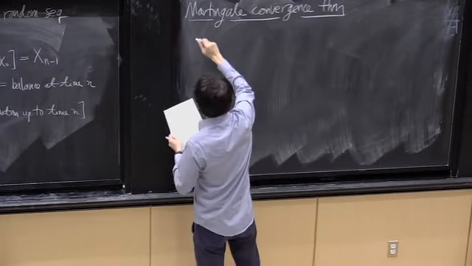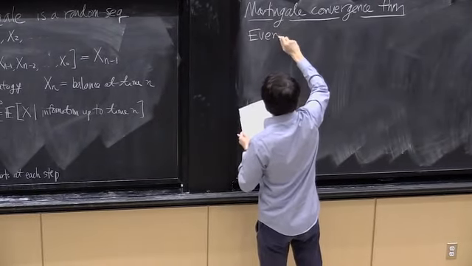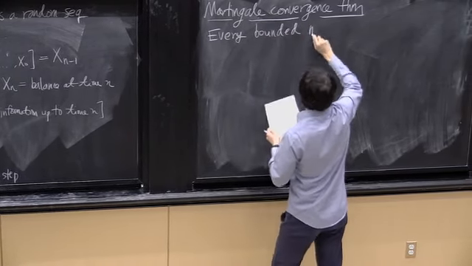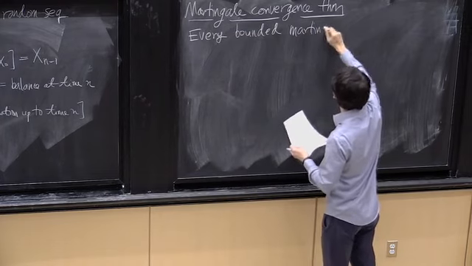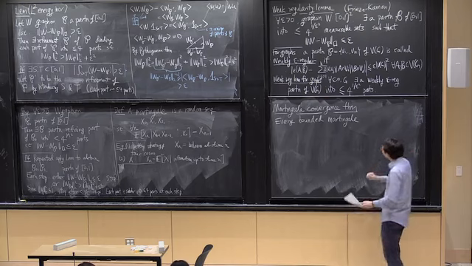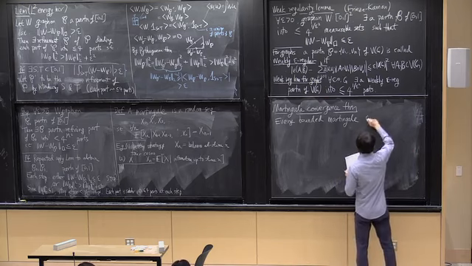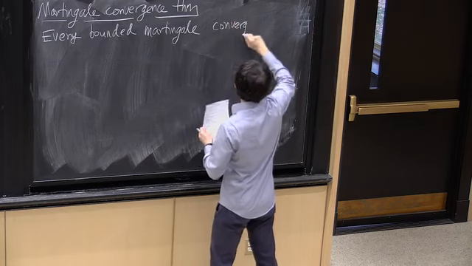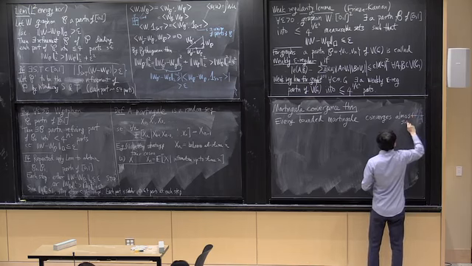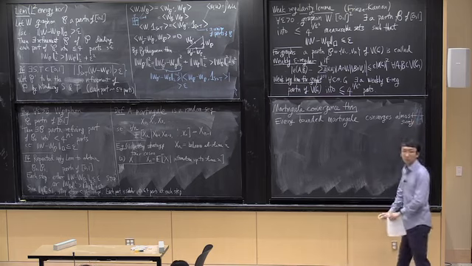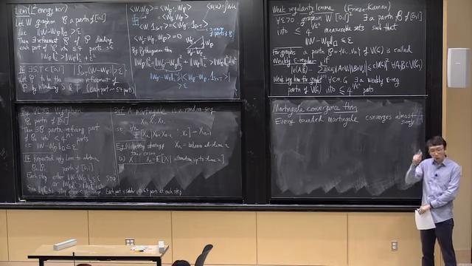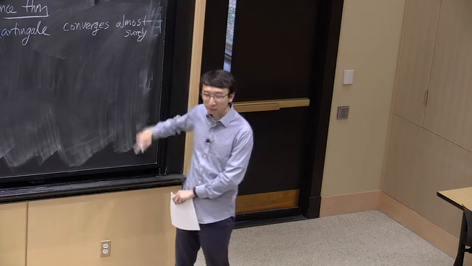It says that every bounded martingale, for example, suppose your martingale only takes values between 0 and 1, converges almost surely. You cannot have a martingale which you expect to constantly go up and down.